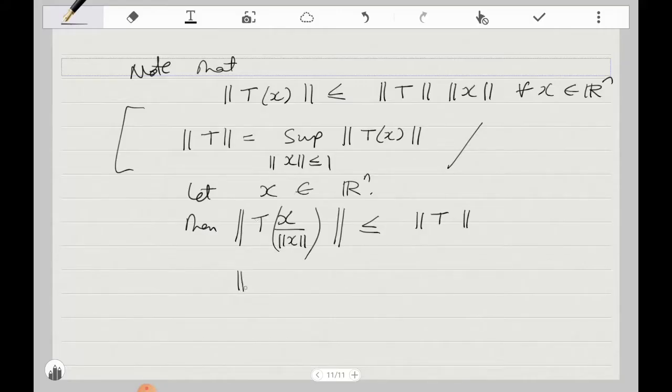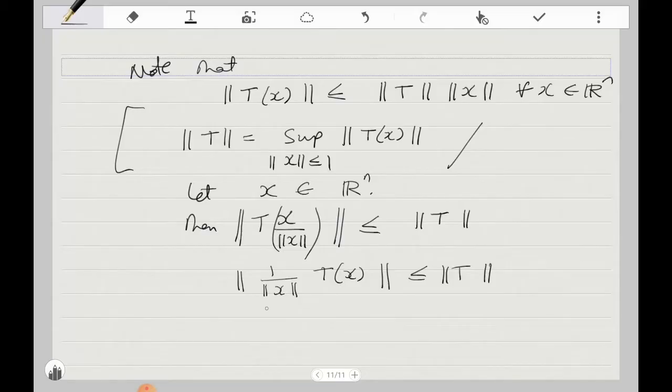So I get this times this less than or equal to norm T. Now, T of x is just a vector in a Euclidean space, and this is a scalar, and we know that for the Euclidean norm I can always bring out the scalar, usually with an absolute value sign, but here it's positive anyway.